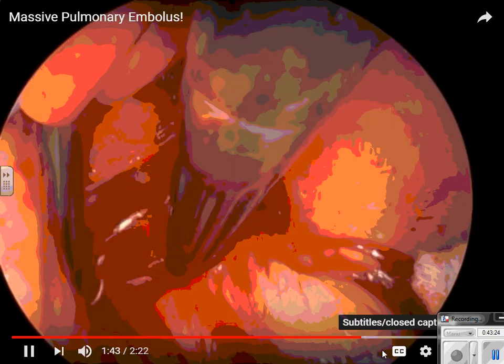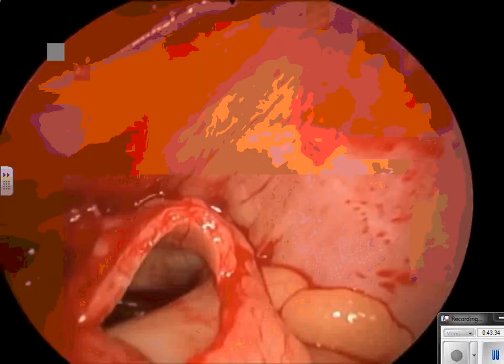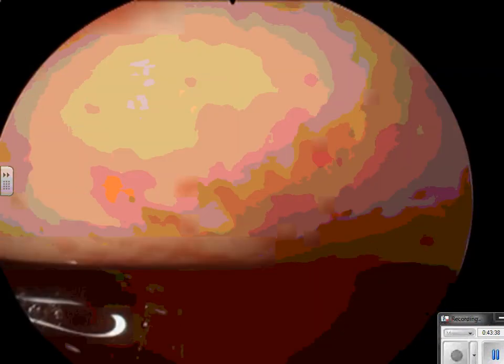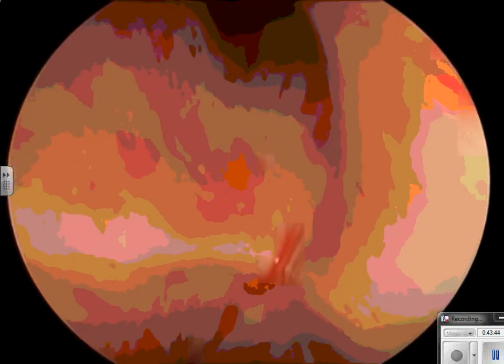Once we're satisfied that the pulmonary arteries have been cleared of debris, and we ventilate as well during this process, we'll stop the retrograde pulmonary vein perfusion. We'll inspect with the thoracoscope. You can see here the small branches of the pulmonary veins are cleared. The main trunk of the pulmonary artery is also clear, and we inspect the thrombus one more time. You can see this is a very well-formed thrombus that is soft. Anyway, that ends the case.